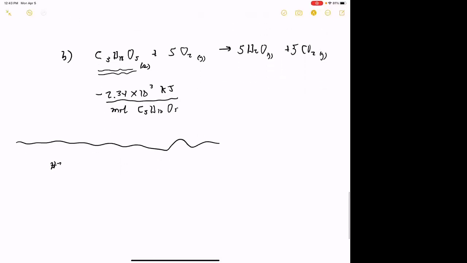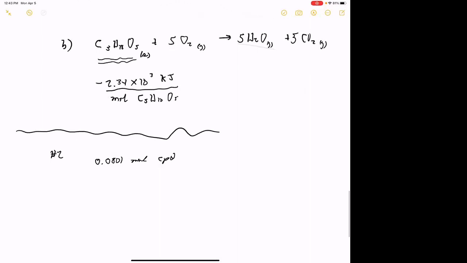See what we got. All right, so I know I've got 0.0801 moles of my compound, right? That's what's being burned in the calorimeter. And I know what my delta T is. My delta T turns out to be, and they give you that, 2.19 degrees Celsius, right?